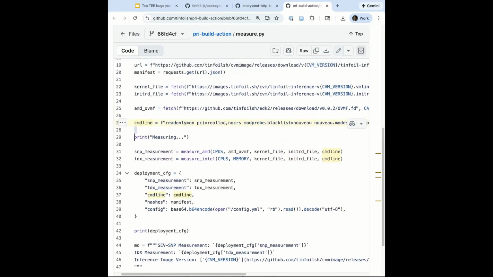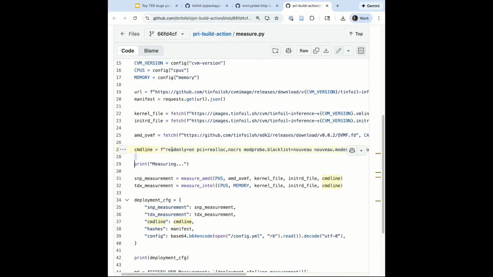On AMD, this is all kind of ad hoc for the most part if you use the default build stack. There are nice projects like Stage Zero, which try to make this a little bit more abstracted and comprehensive. There are also things like Coconut SVSM, which try to give runtime PCR-like functionality.